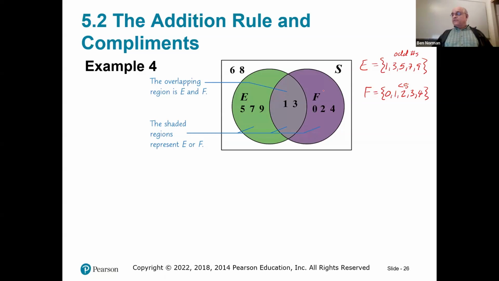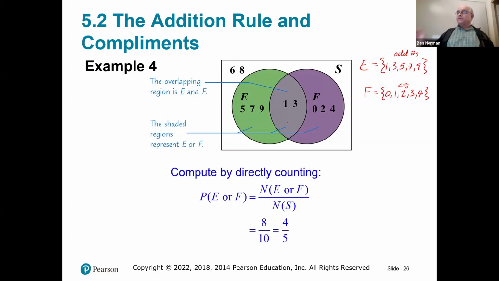These are all exclusive to F. And because the 1 and 3 are common to both, they appear in the overlapped region. The overlap region tells you these are all the things that are shared by these two events. Anything that is in the set but not in the shared region is exclusive to that event.